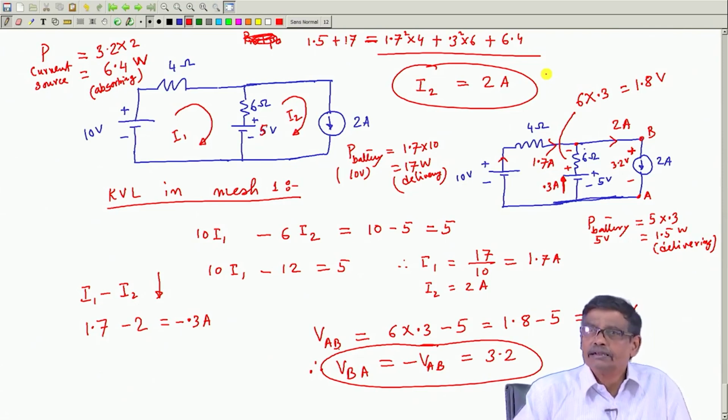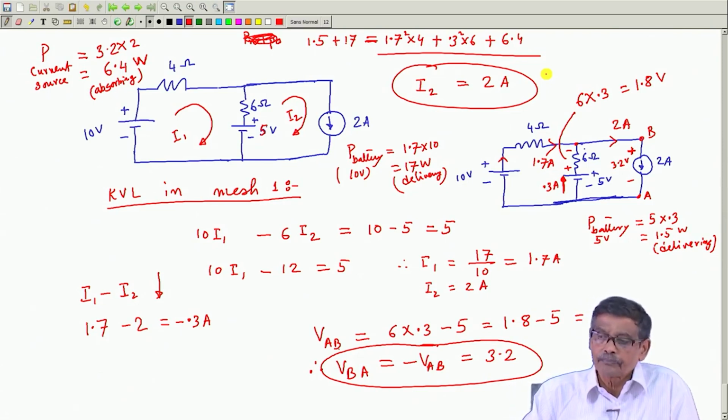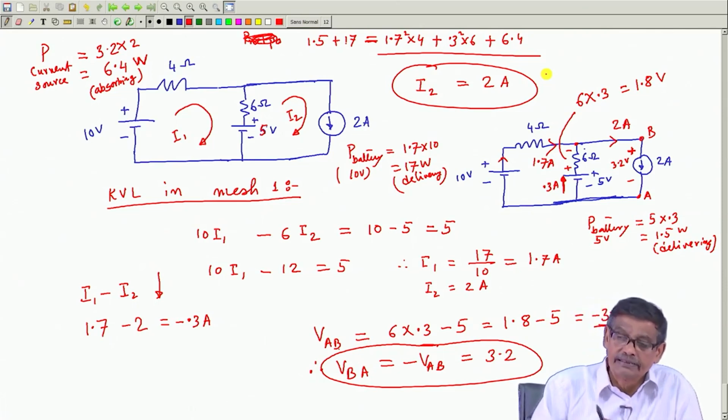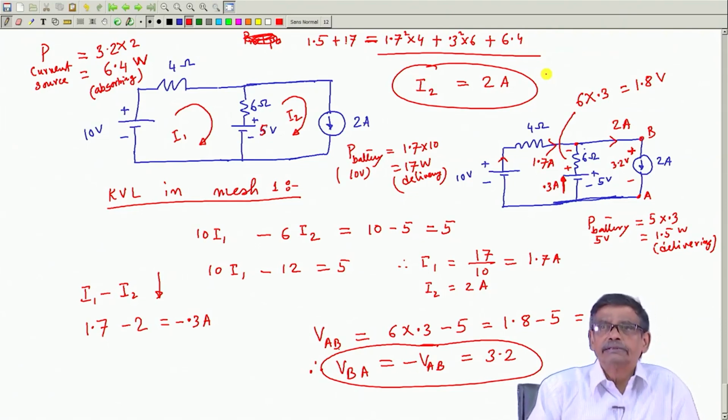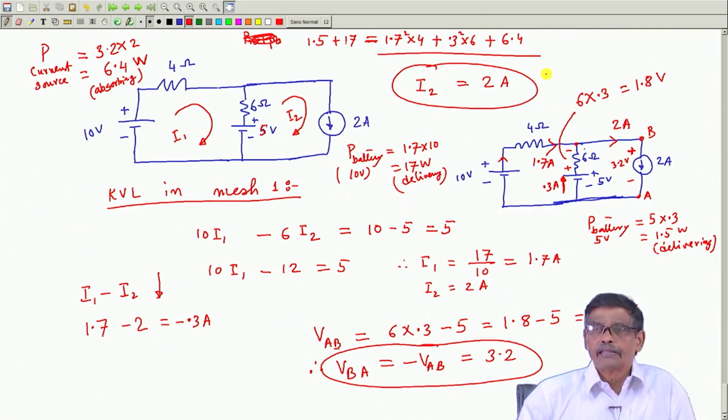So, in a circuit there may be several sources. Therefore, the final comment is this: when I adopt mesh analysis, the number of equations to be solved is equal to the number of meshes in general.